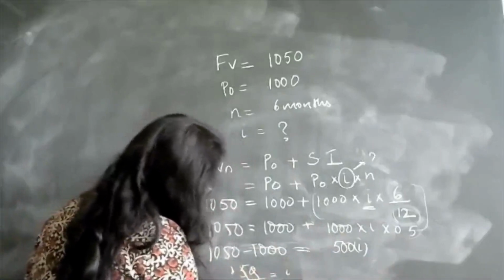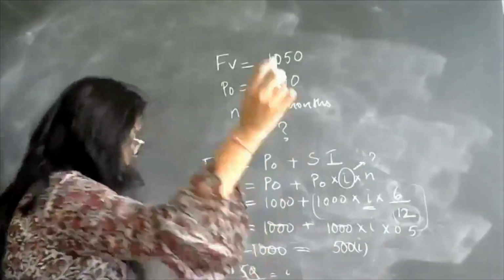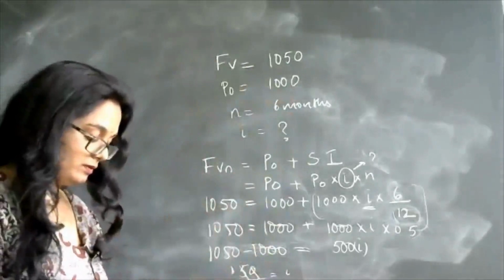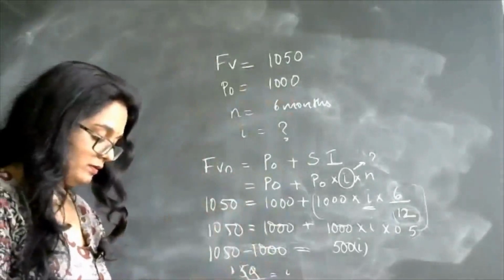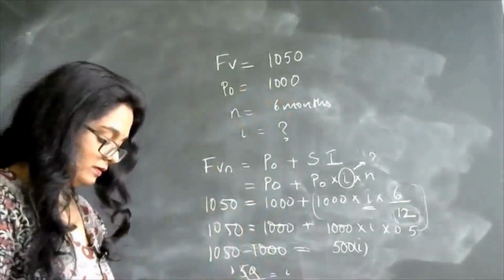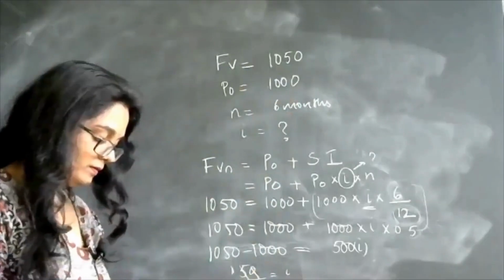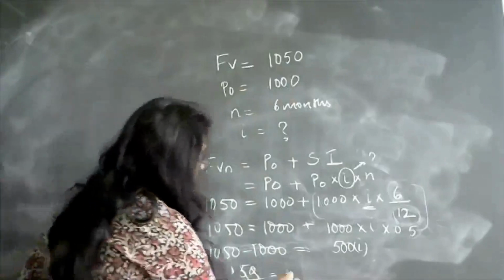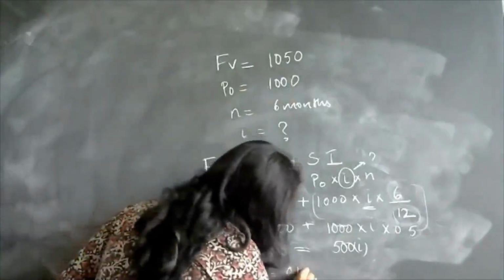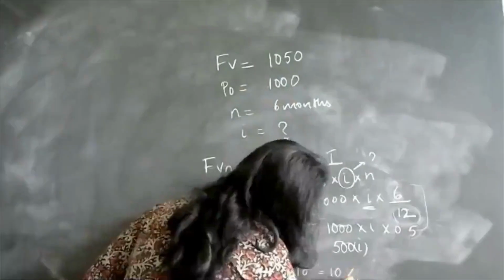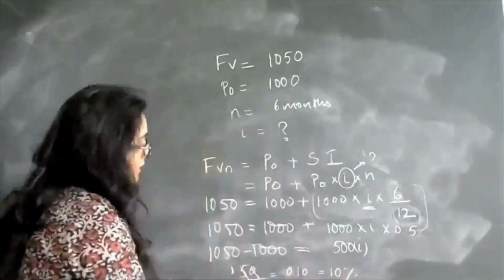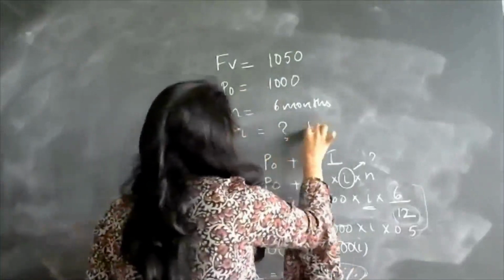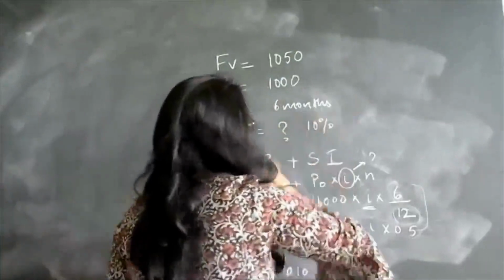So it is 1 divided by 10, which is equal to how much? So I is nothing but 10%.